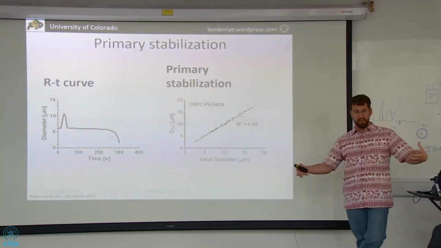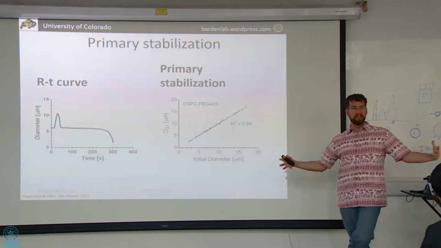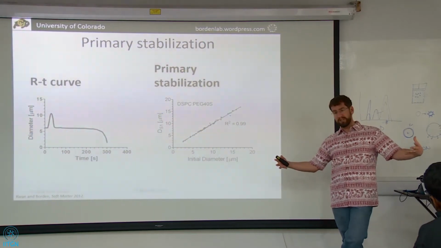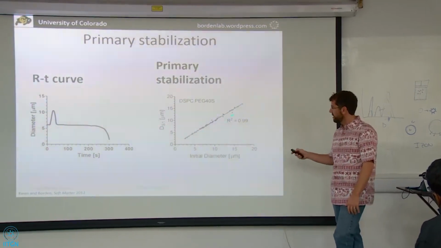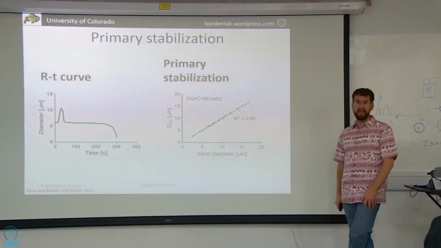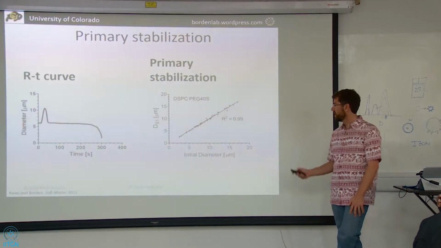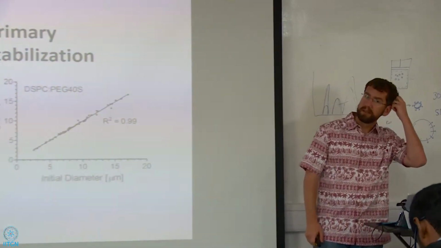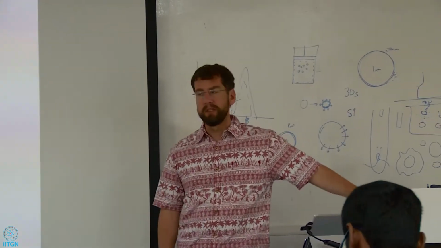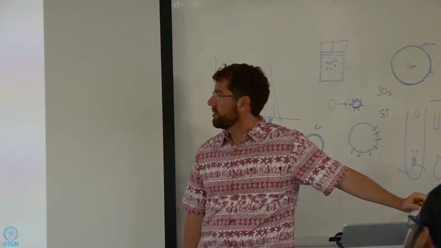So the shell expands, fractures, and then it comes back, reseals and restabilizes, most of the time at exactly the same diameter that it started at. The R squared value of that line was 0.99, so that's pretty good self-healing behavior.